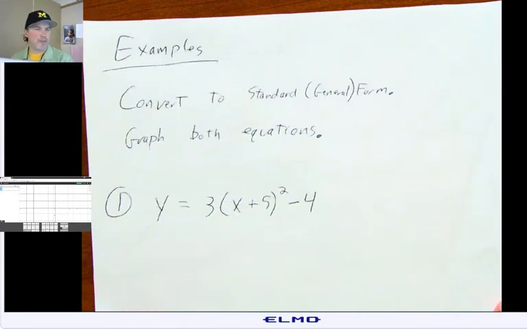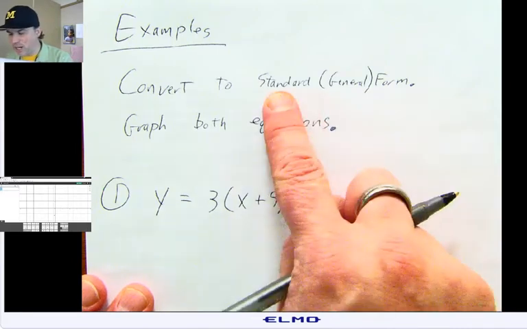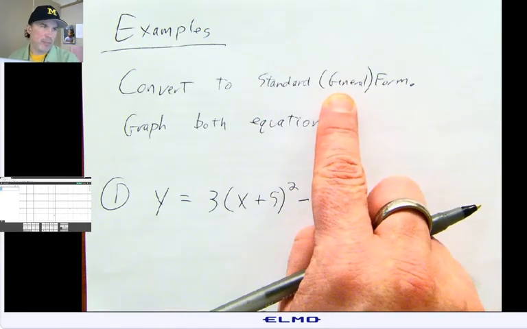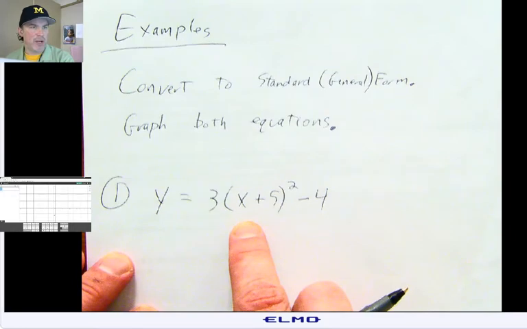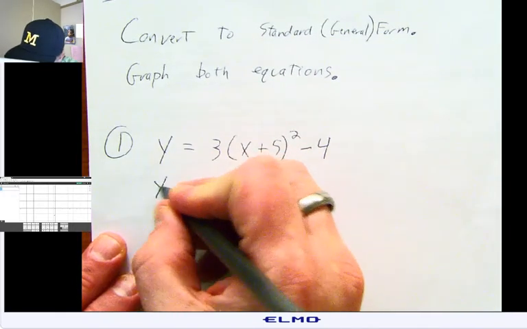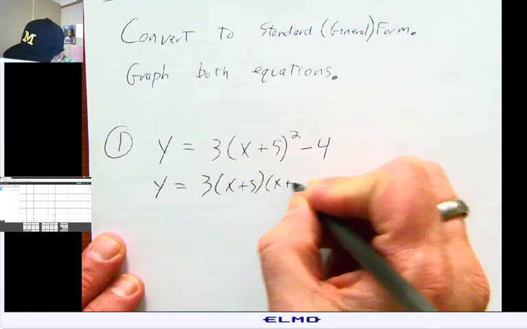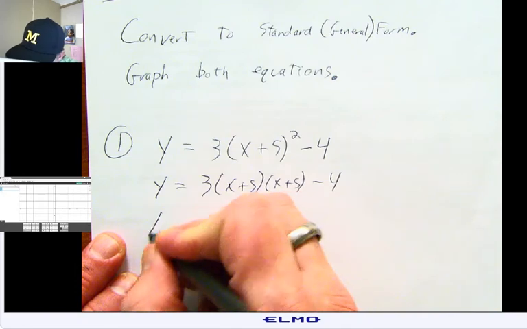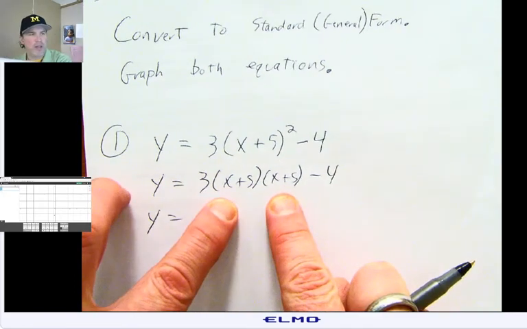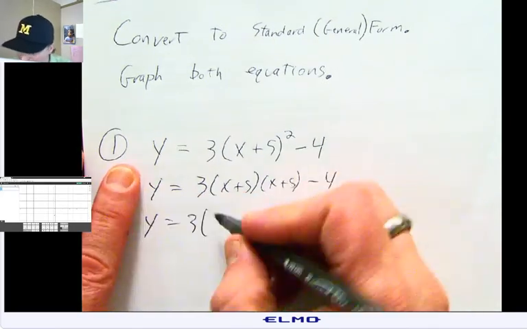It says to convert to standard or general form. I always call it standard; your book will call it general. Same thing. And then we need to graph both this equation and our answer. So I have 3 times (x plus 5) times (x plus 5) minus 4. I would next FOIL this x plus 5 and x plus 5 together. X times x is x squared.